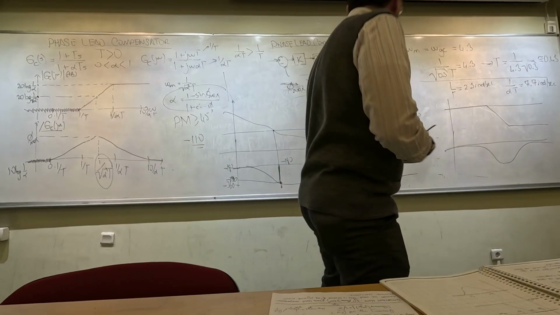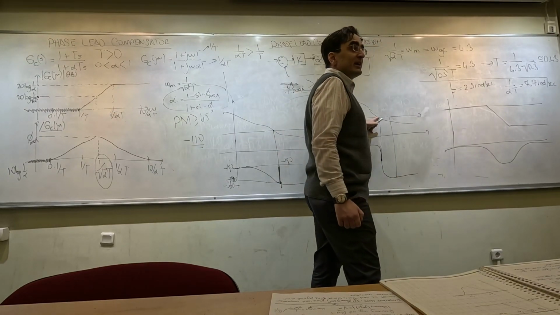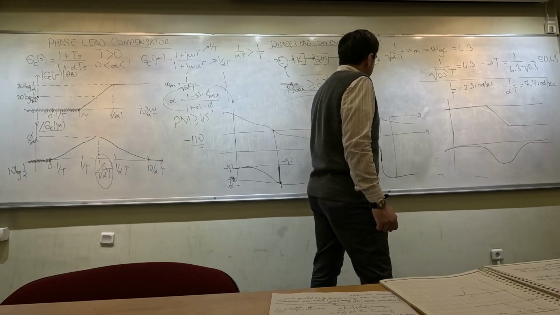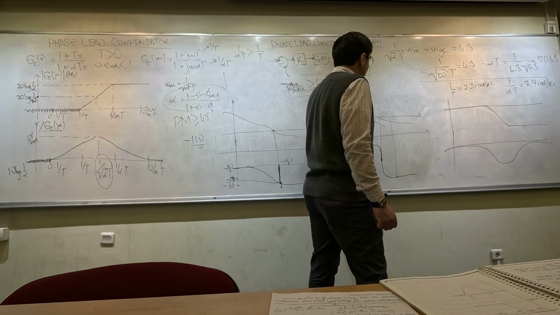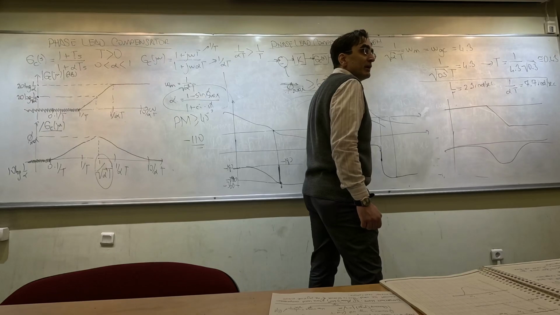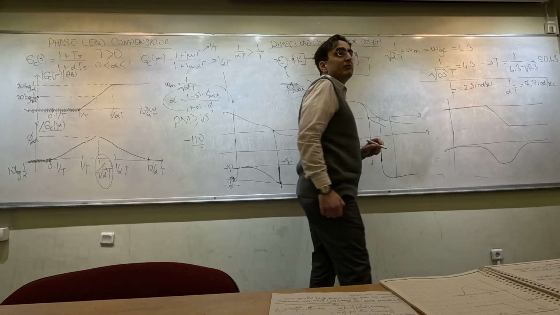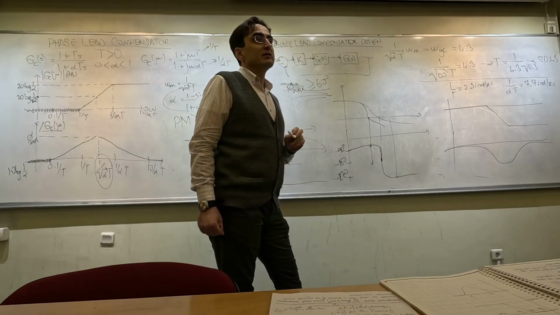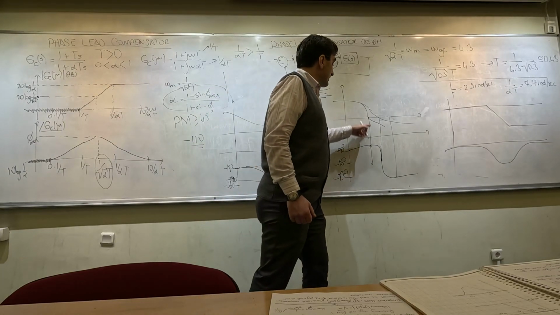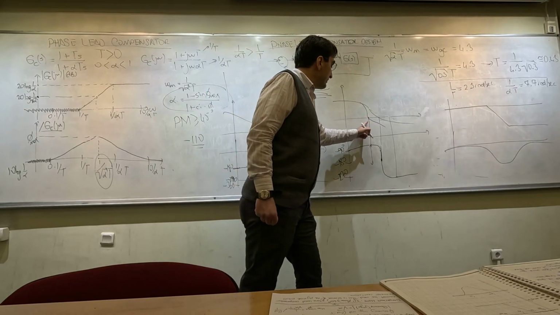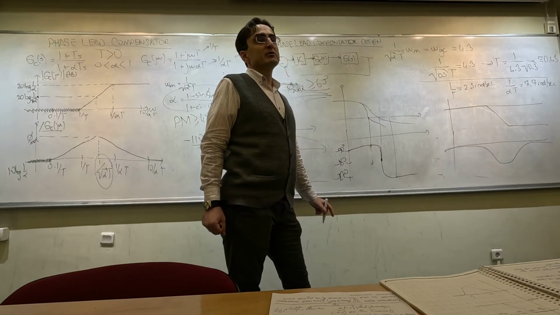If I can reduce this gain crossover frequency just a little bit by adding a negative gain to the system, and bring the new gain crossover frequency somewhere here, I have a very large phase margin in that case. If I can reduce the gain around there, we're going to be fine.